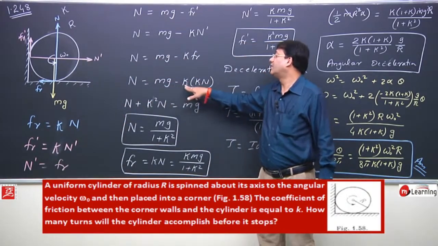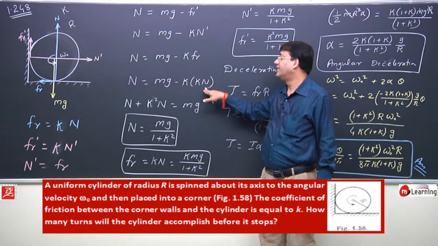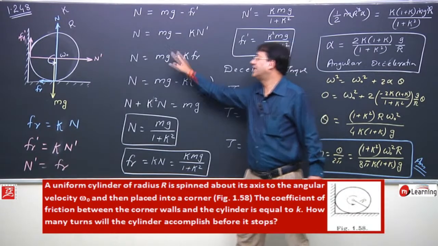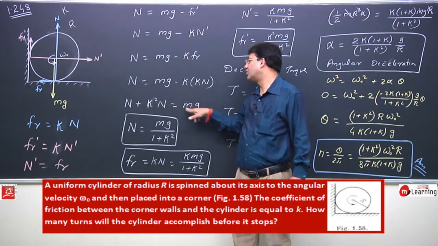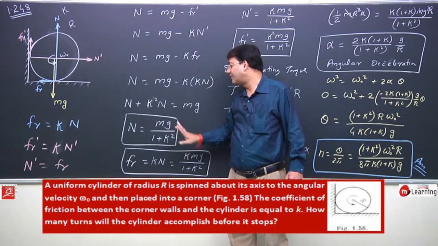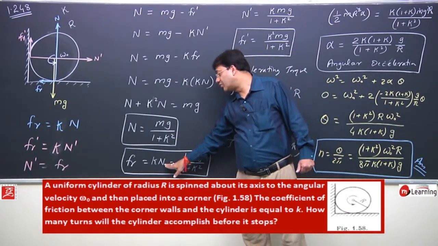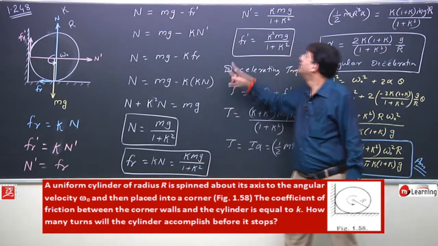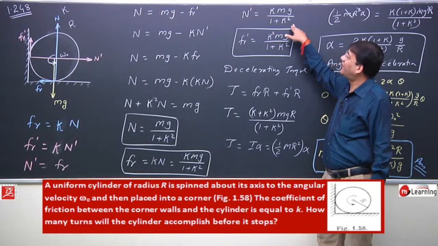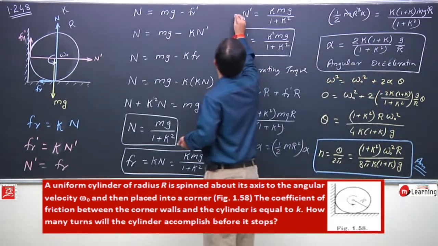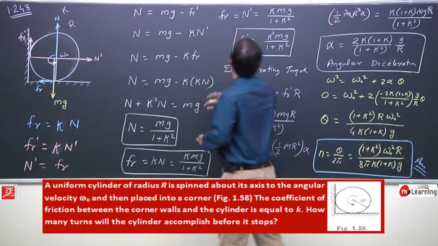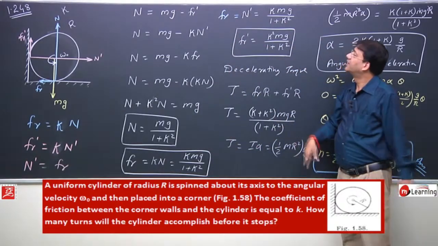Then N equal to mg minus k, Fr की जगह k into N. So this becomes k square N, और यह k square N इधर चला गया, N plus k square N equal to mg. So N equal to mg upon 1 plus k square. Fr equal to kN, and hence N dash equal to Fr. This N dash equal to Fr dash, hence kmg.